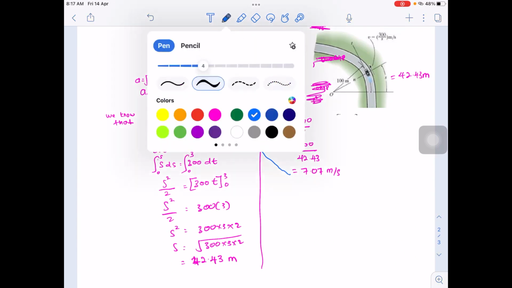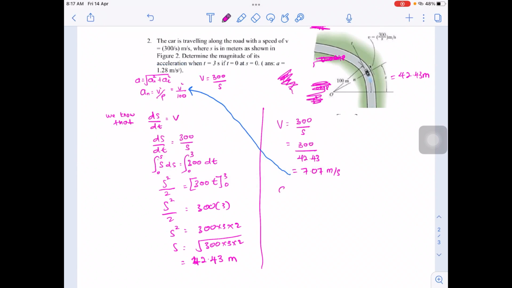So what you get is AN is equal to 7.07 squared over 100, 0.5 meter per second squared.